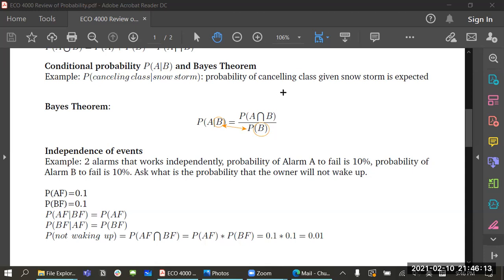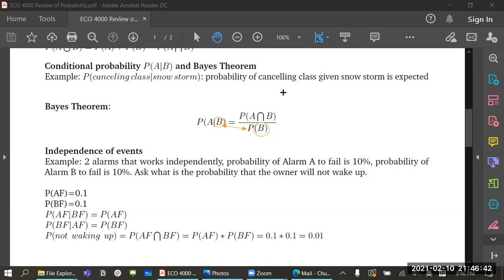So there is one kind of case where events are independent. Independent events happen when the chance of the two events happening does not affect each other. A good example is two alarms. One alarm failing is not going to make another alarm fail, because they work independently.